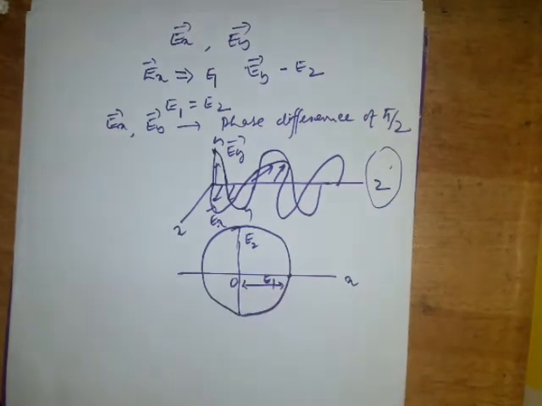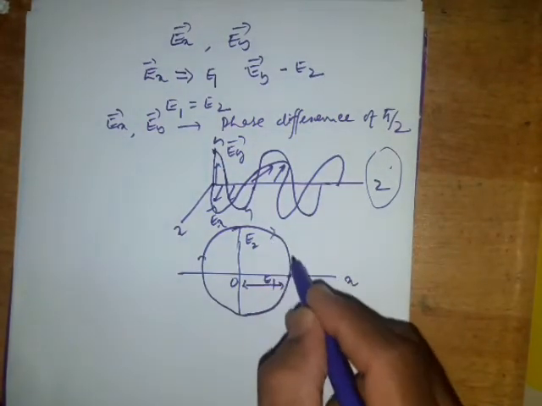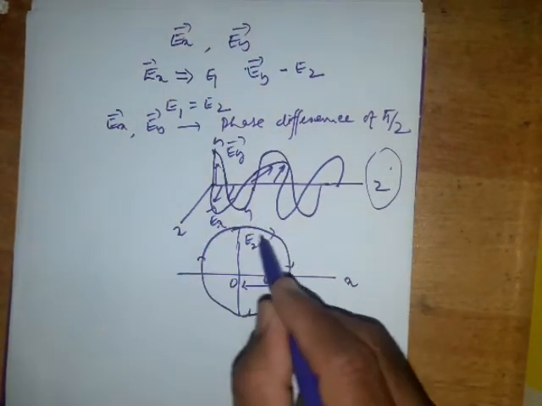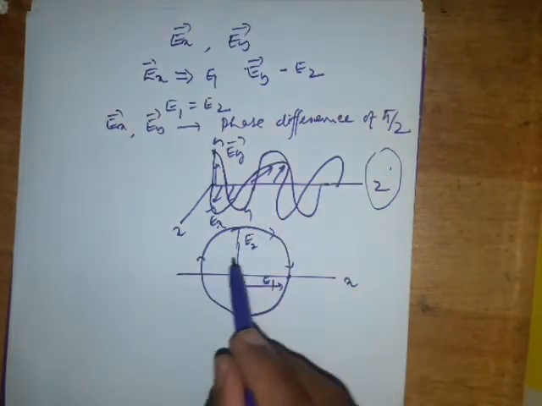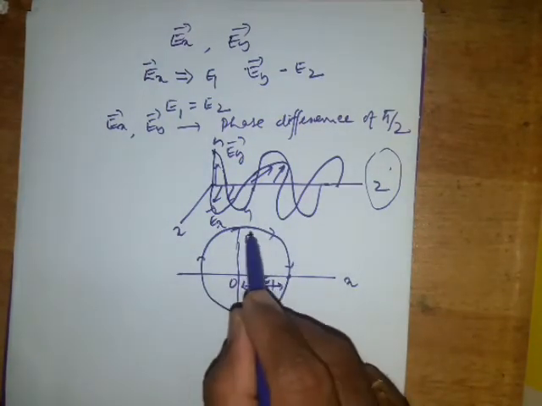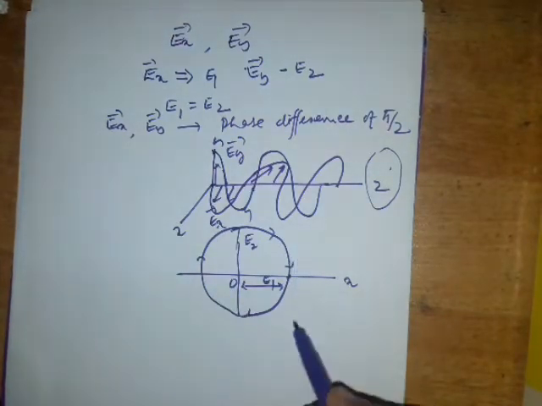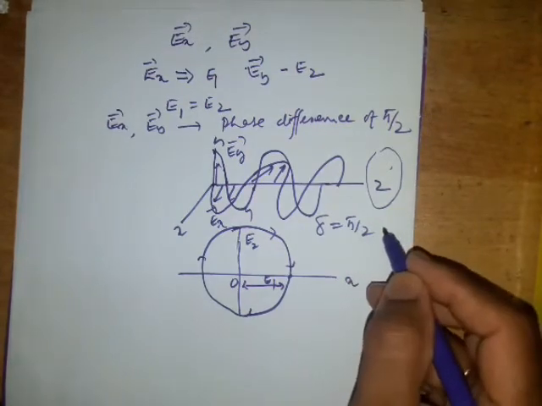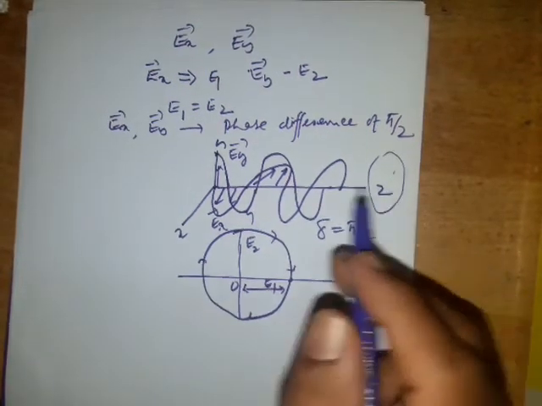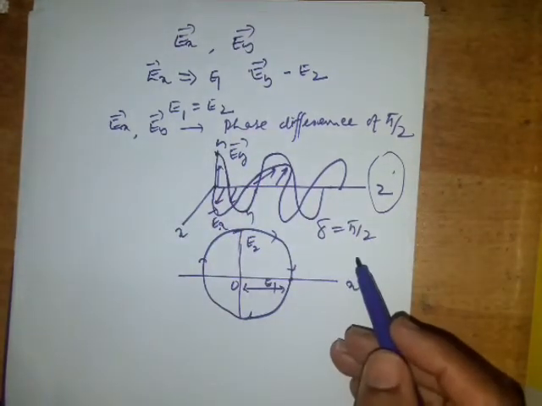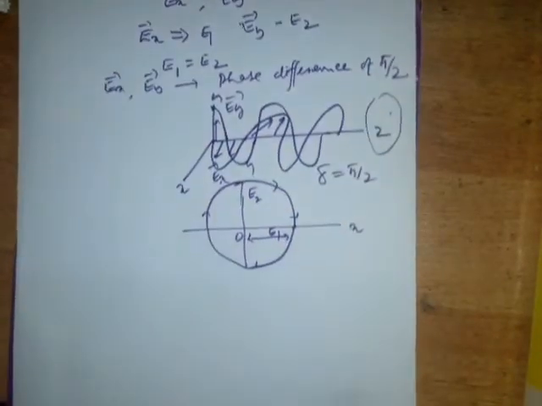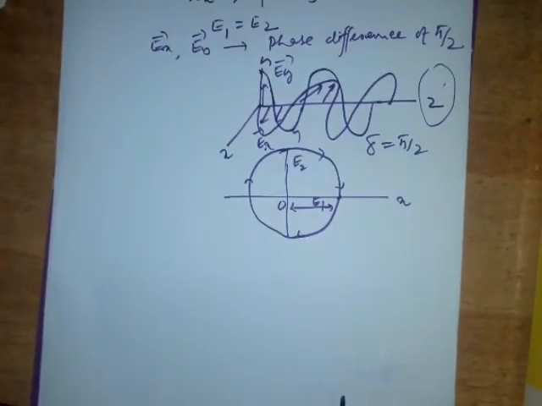Its origin is O, and this is how it appears. As the wave travels, the tip of the resultant vector traces a circular path, and the condition here is that the phase difference is pi by 2 and the amplitudes of both the components must be equal. This is the condition to have circular polarization.